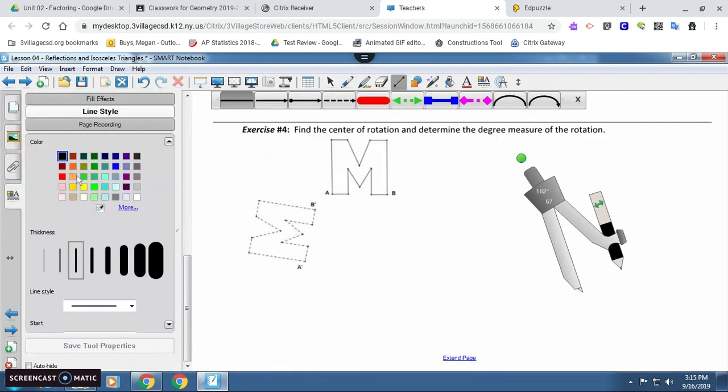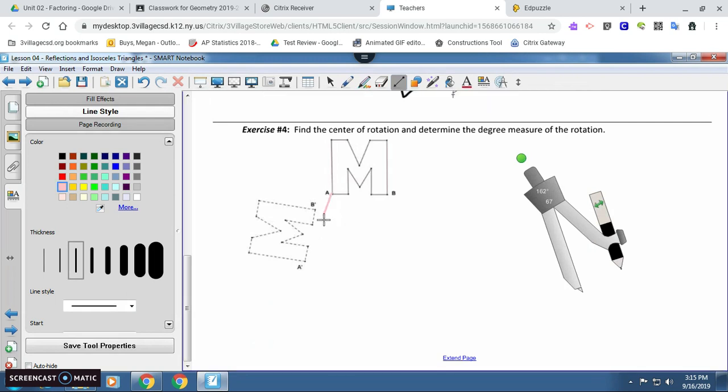I'm going to connect using a nice new color instead of this pink. So we're going to connect A and A prime. I'm also going to connect B and B prime, just to get it out of the way.